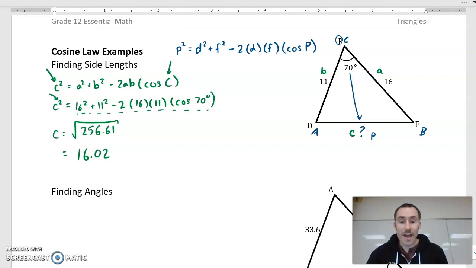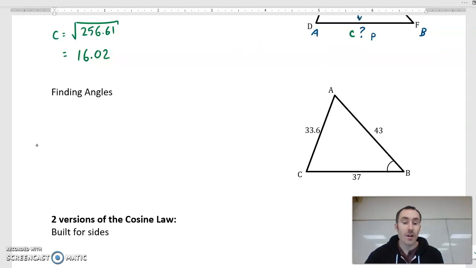If you are looking for an angle, if you're looking for angle C over here, then that's when some algebra will be required. So I'm going to show you how that works, but you can also just either memorize or write down what the rearranged version is for angles. So here we go. We are given 3 sides, and we are looking for angle B. So if we're looking for angle B, we want to make sure that angle B is in that cosine spot.